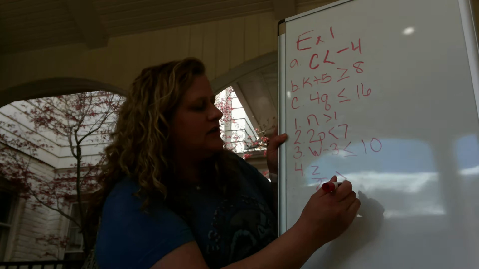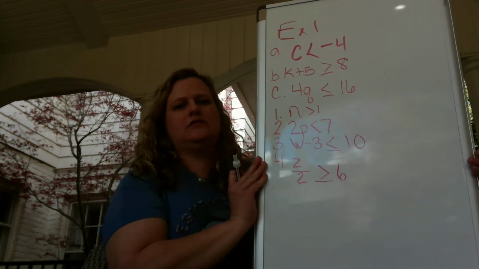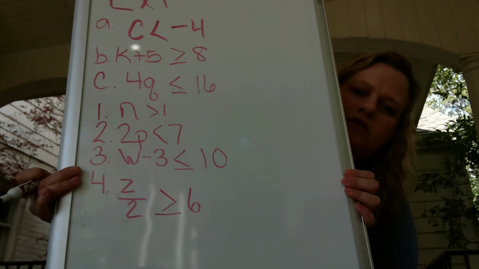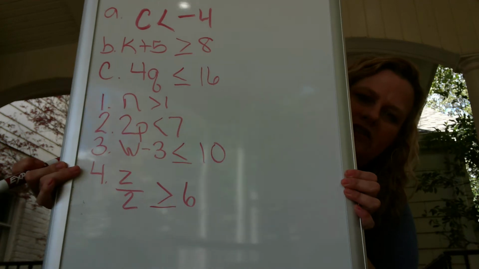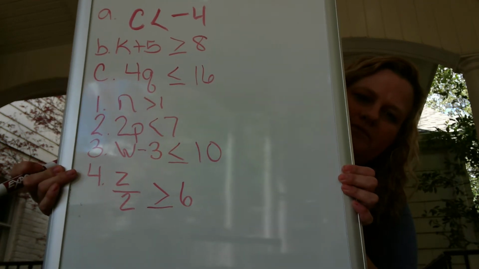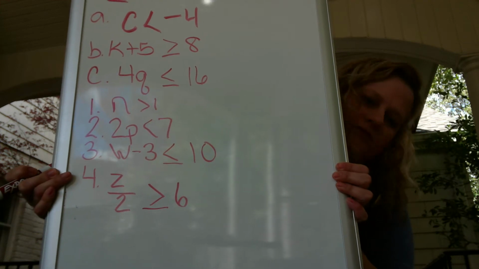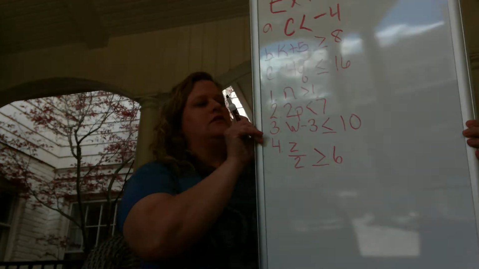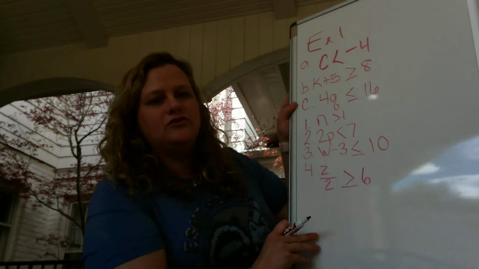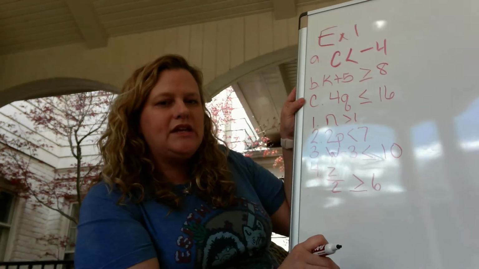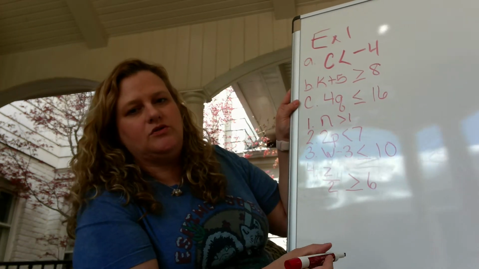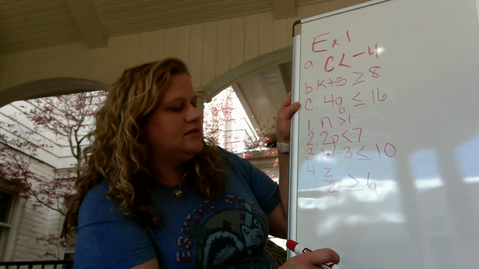So greater than or equal to 6. So take a look there for 1, 2, 3, and 4. Okay. All right, so that's how you take those written expressions and turn them into numeric expressions.